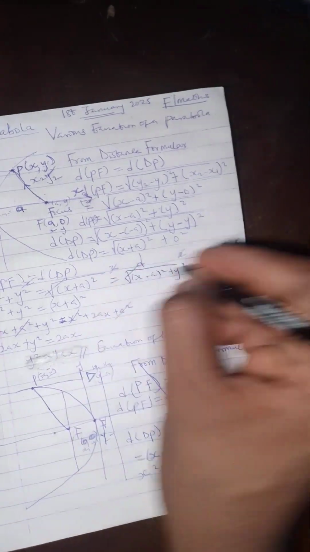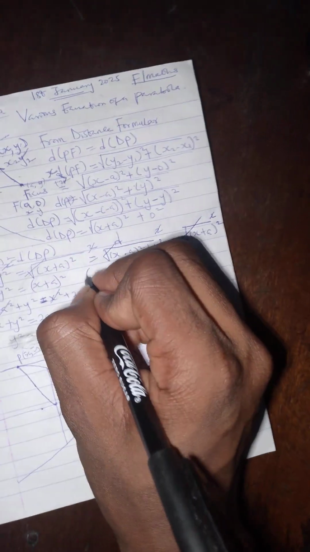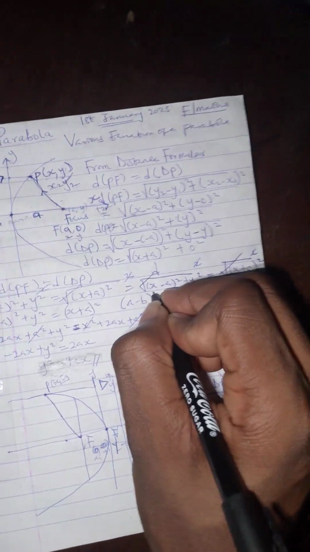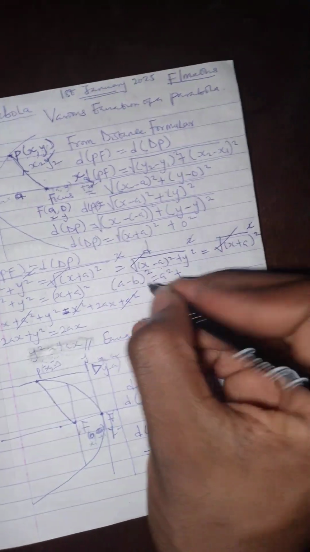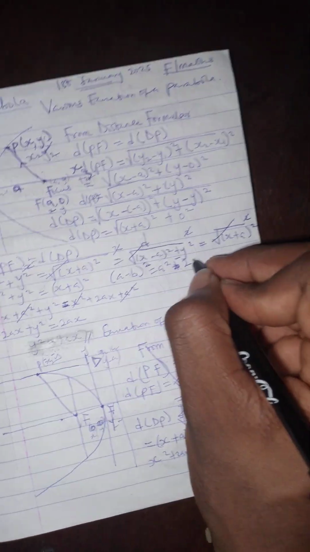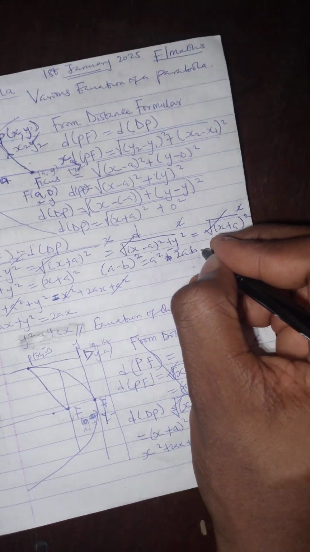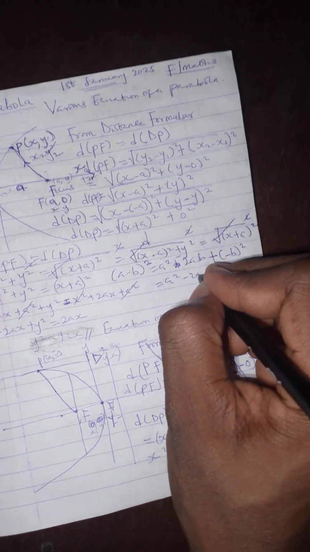Using algebraic expansion, which states that when you have two numbers, (a minus b) all squared, it's going to be a squared minus 2ab plus b squared.